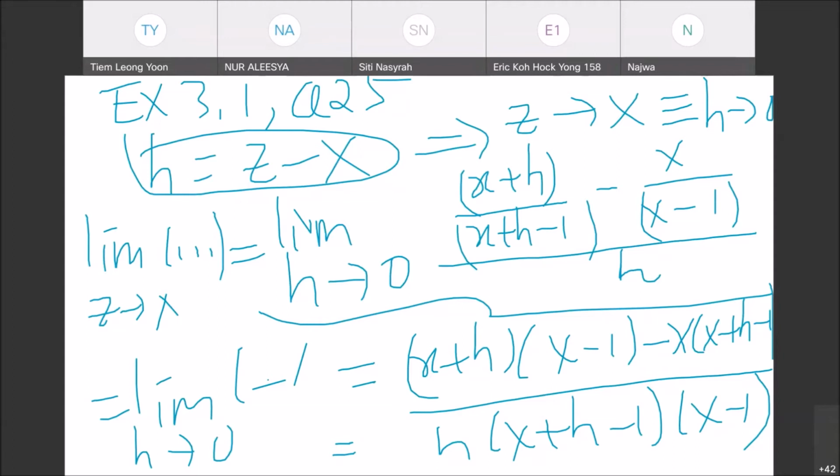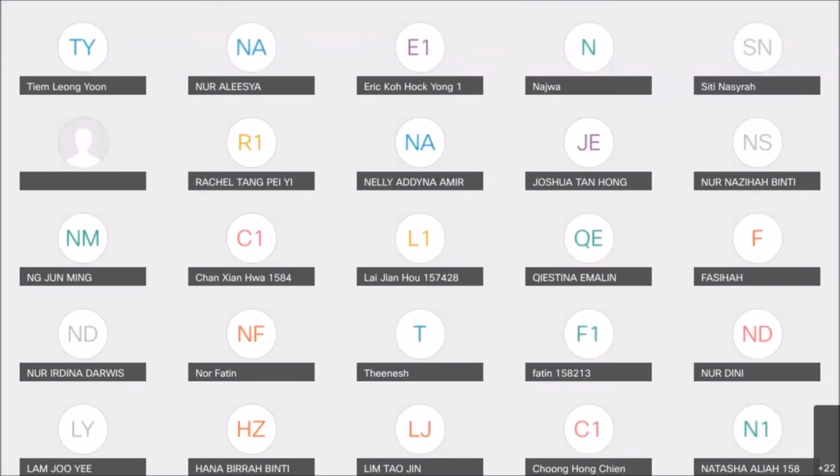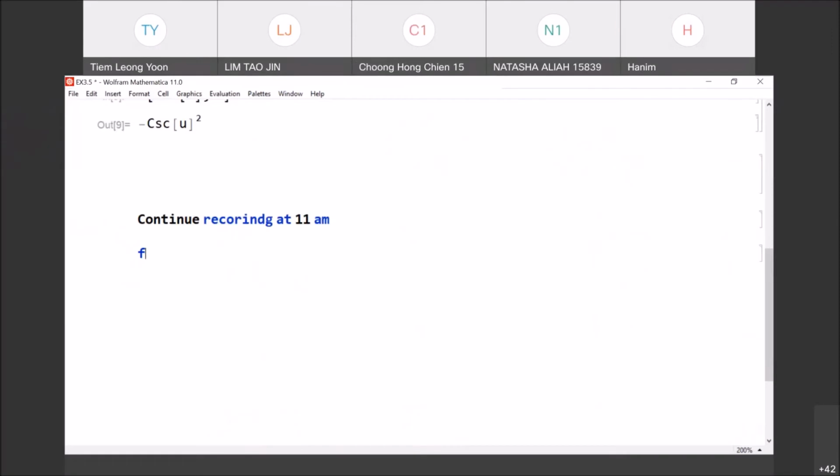Okay, so I'm going to simplify this expression using Mathematica. I go back to my Mathematica. I'm going to have my x. The expression to simplify is x over x minus 1.